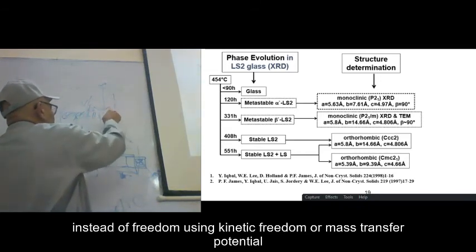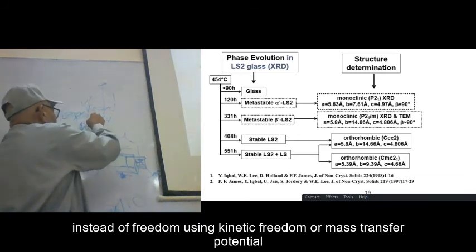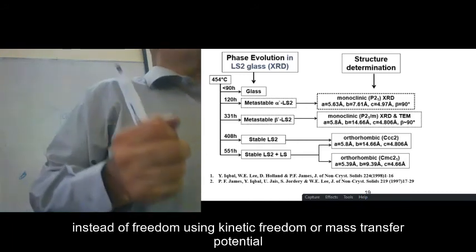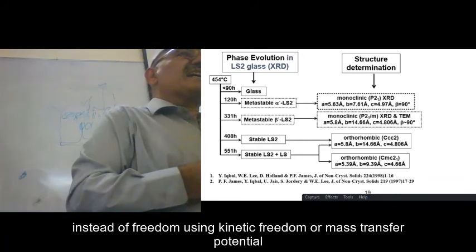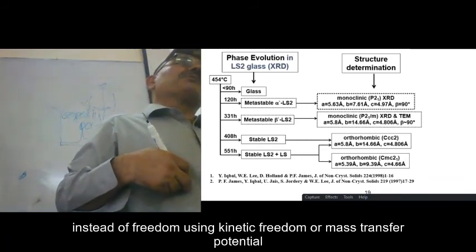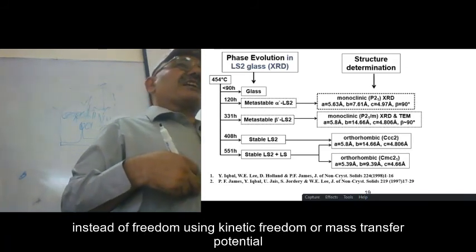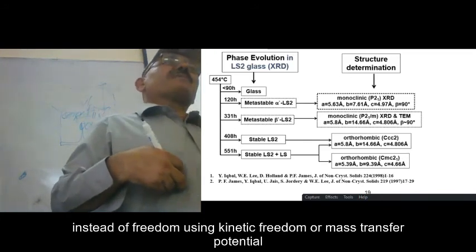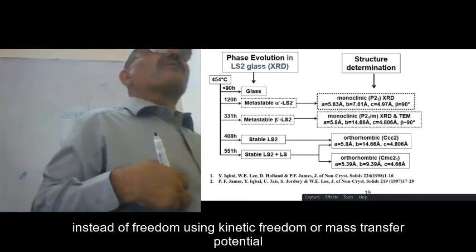The 111 will appear here as per theory, and the 001 may be here, because you are measuring the intensity of the diffracted peaks. If the diffracted peaks come at specific angles, they qualify the Bragg's diffraction equation, n lambda equals 2d sine theta, and they will give you specific peaks at specific points.